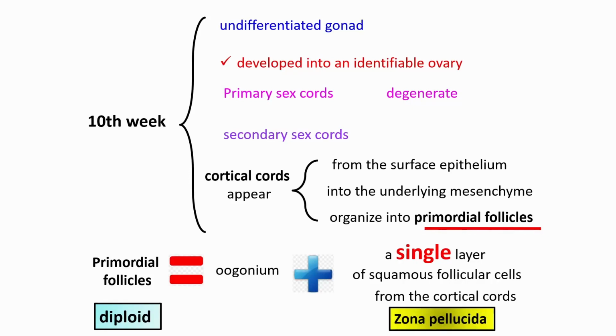And these cells making the single layer around the oogonium will start, with the help of the oogonium, to form a glycoprotein layer surrounding the oogonium and separating it from direct contact with the follicular cells, and this is called the zona pellucida.